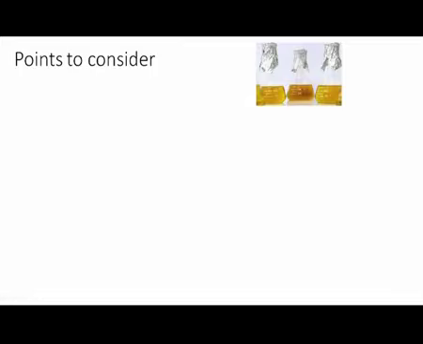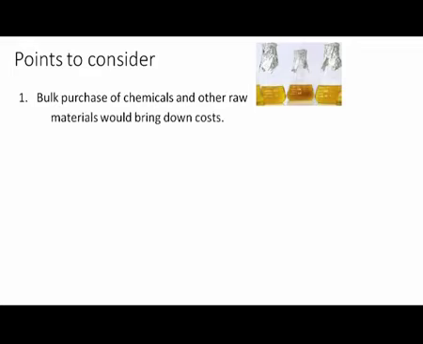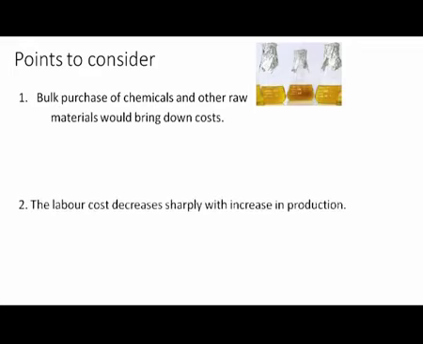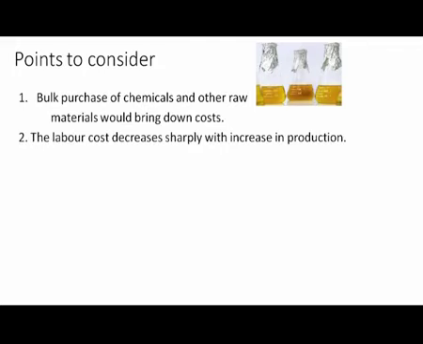So, what people generally do is go for bulk purchase of chemicals and other raw materials in huge quantities, and that brings down the cost of material, and the labor cost also decreases sharply when you increase the production.